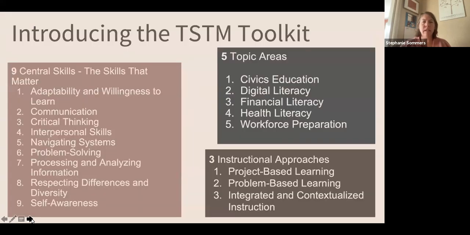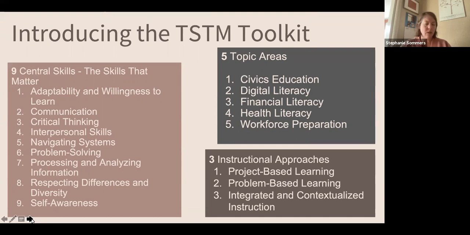TSTM is primarily a toolkit, and the toolkit is divided into 5 topic areas: civics education, digital literacy, financial literacy, health literacy, and workforce preparation. So those are the 5 areas.